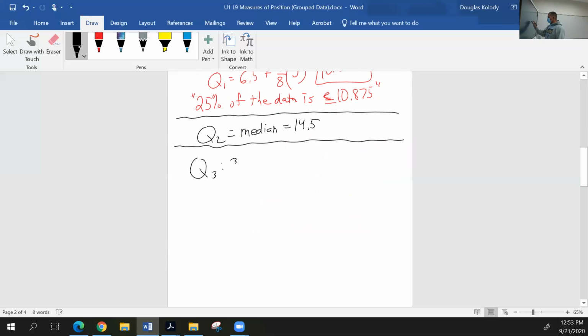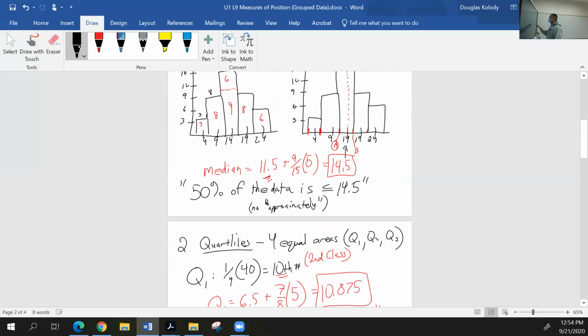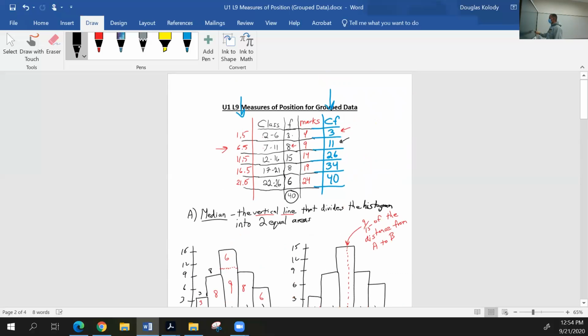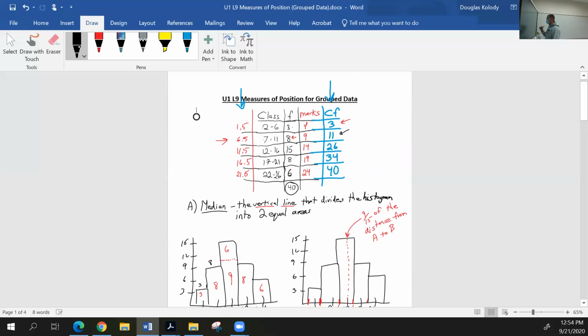Q3 is 3/4 of the way through the data. 3/4 of 40 numbers is the 30th number. But where will the 30th number put us on this table? This is where the blue numbers really come into play. After 3 classes, we've got 26 numbers. After 4 classes, we've got 34 numbers.